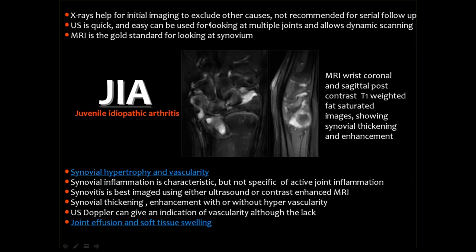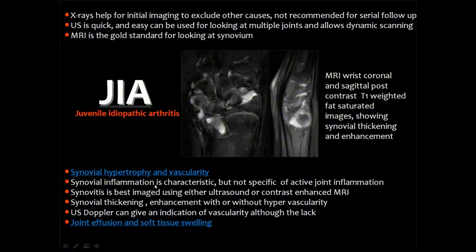The X-rays will help to exclude other causes, and the X-rays are not recommended for regular follow-up. Ultrasound is a very good tool, and it allows, as I have mentioned, the dynamic scanning. MRI is better for looking for the synovium.